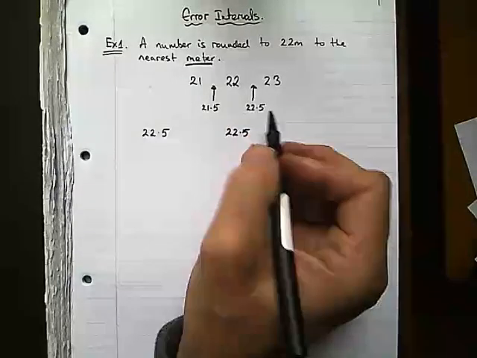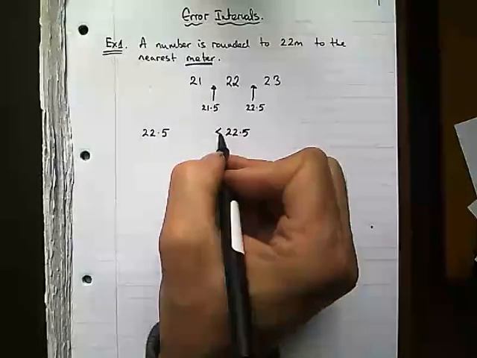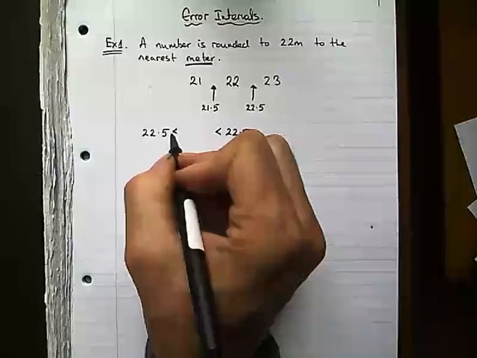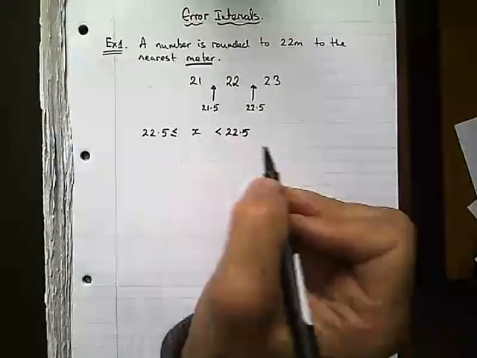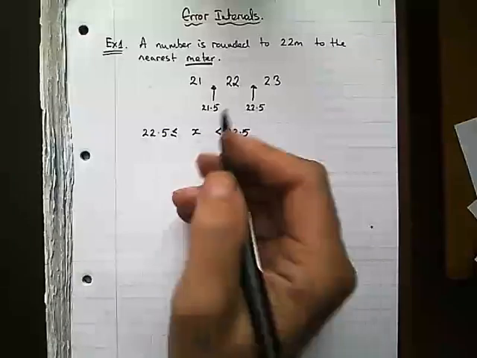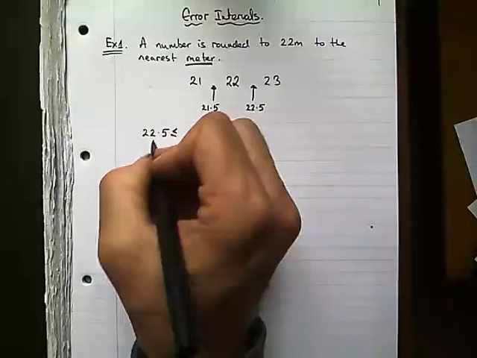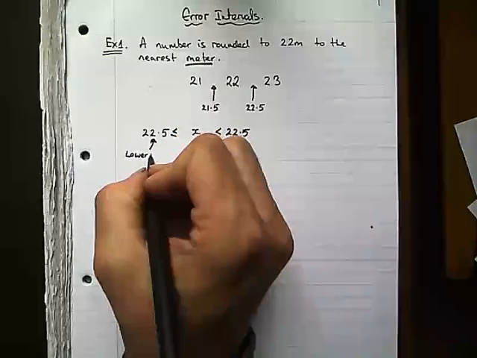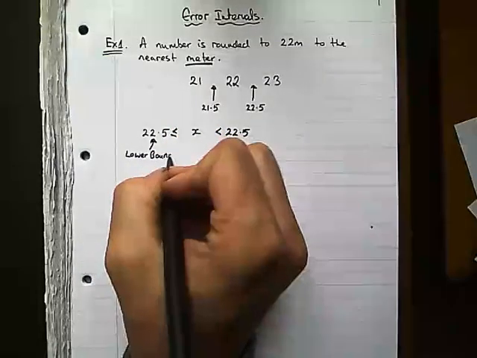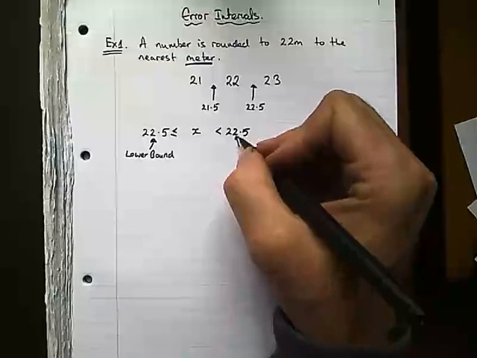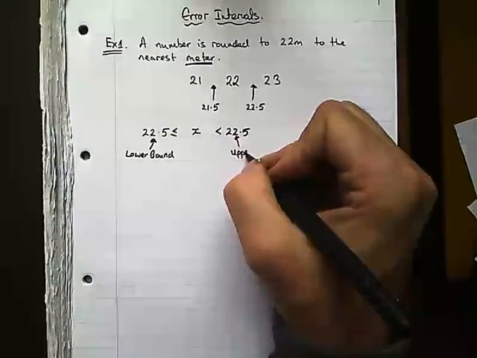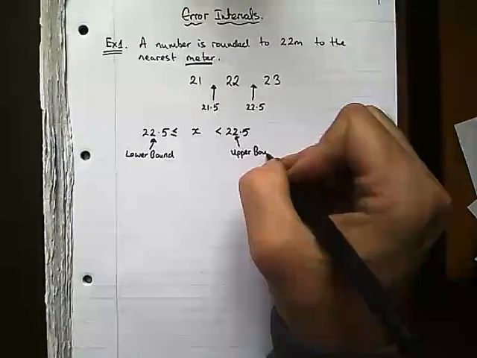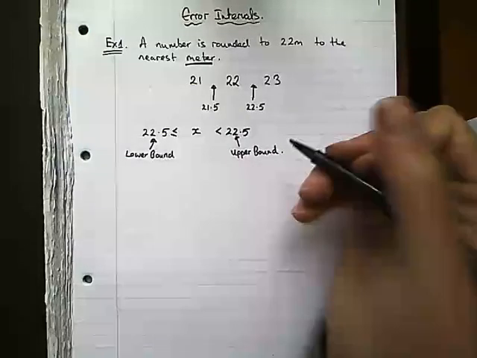And the number must have been less than this or greater than or equal to this. So we use an inequality. This lower number is what we call the lower bound, and this bigger number is what we call the upper bound. And this is what we call an error interval.